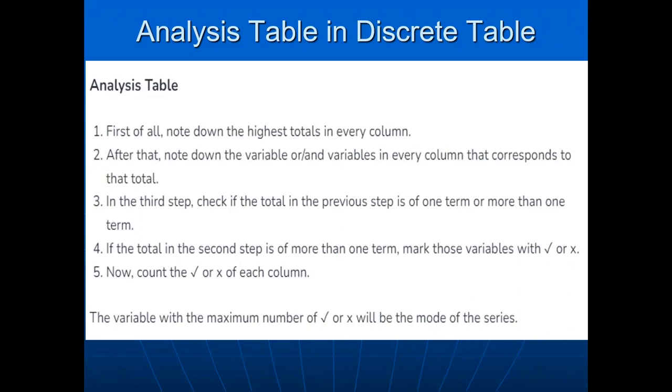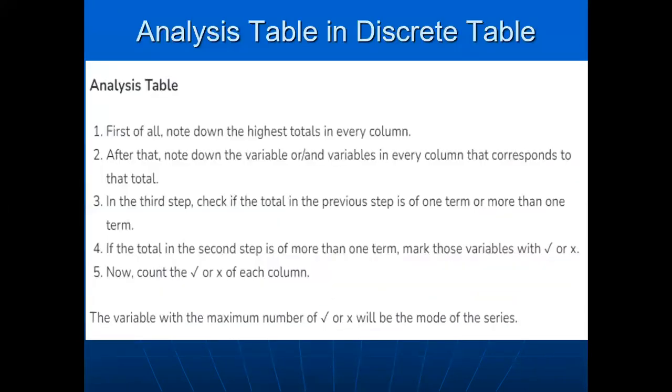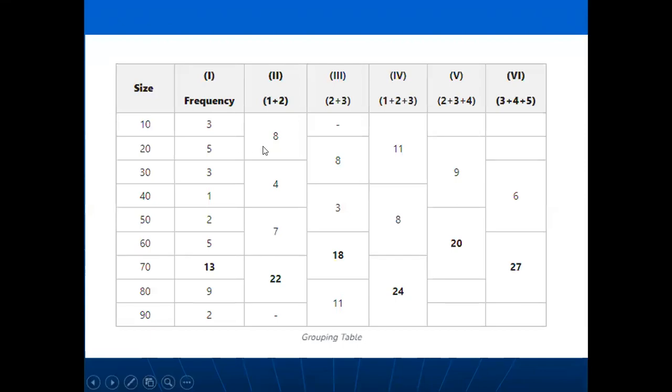If the total in the second step is more than one term, make the observation with the help of a tick or X mark. Now, based upon the count of the X or tick marks in each column, we have to make a note, and the number which has the maximum number of tick marks can be taken as the mode here.